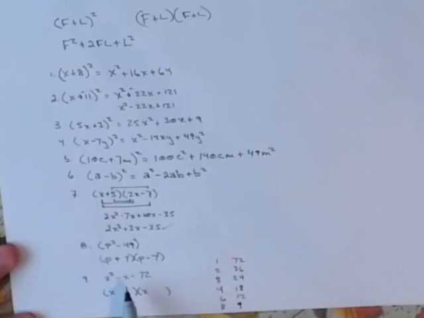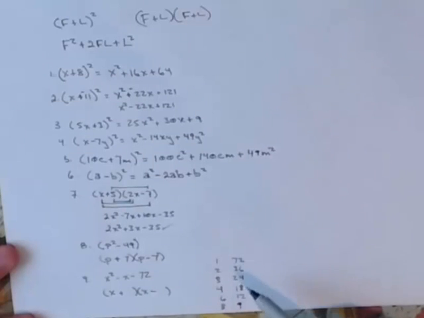Now, because I have a negative sign here, I know that my signs are going to be opposites. Because if they were both positive, this would be a positive 72. If they were both negatives, this would still be a positive 72. In order to get a negative 72, I have to have a positive times a negative. So we've got that part set up. Now here's the trick.